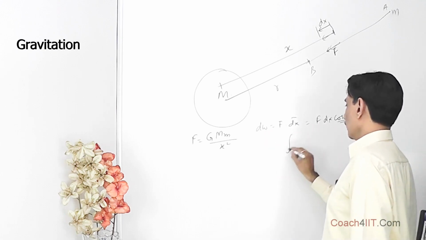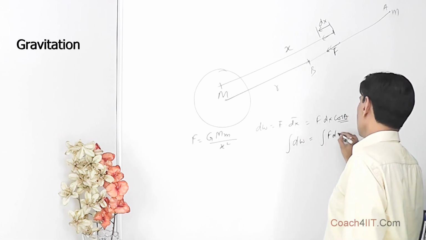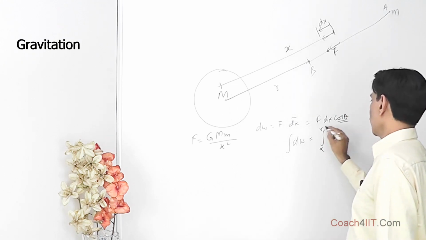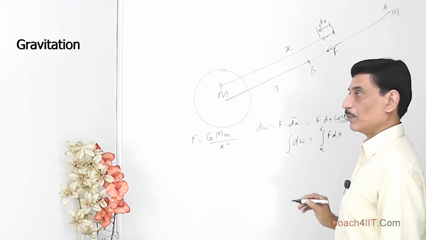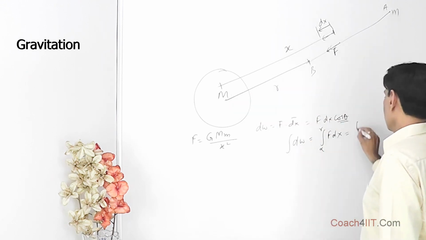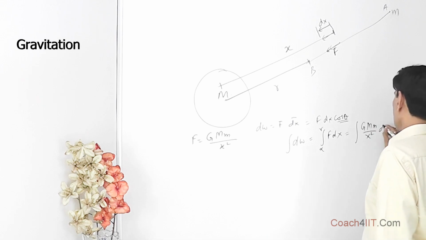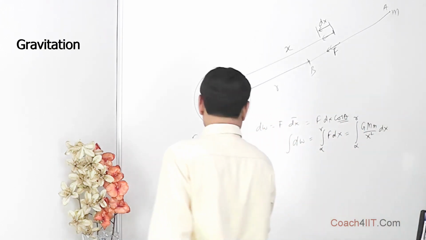The total work done is the integral of dW, which is the integral of F into dx, and the limits we have to take are infinity to a distance r. Infinity is the initial distance and r is the final distance between the two. So this comes out to be the integral of GMm upon x square dx from infinity to r.